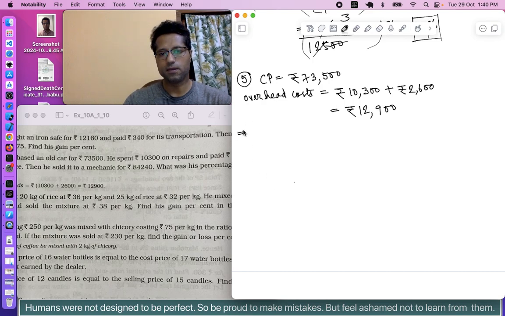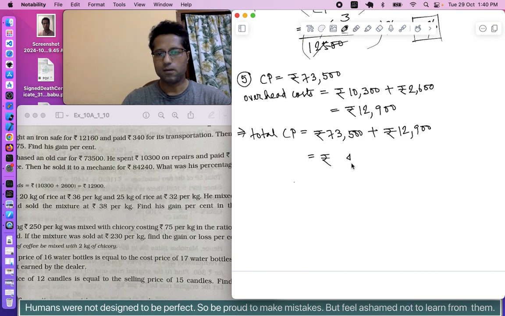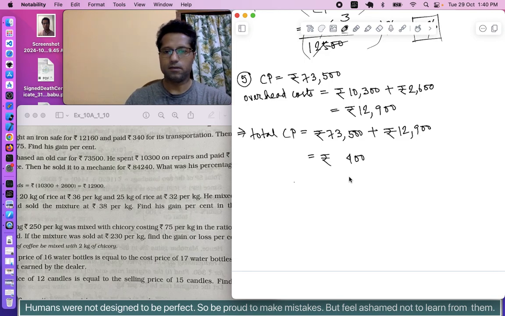So this implies the total or effective cost price becomes equal to rupees 73,500 plus rupees 12,900. So this is equal to rupees 86,400, the total cost price.